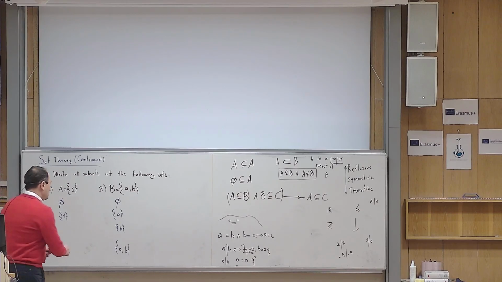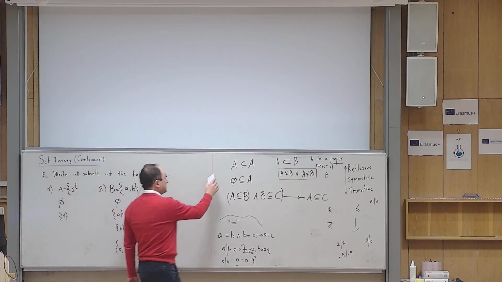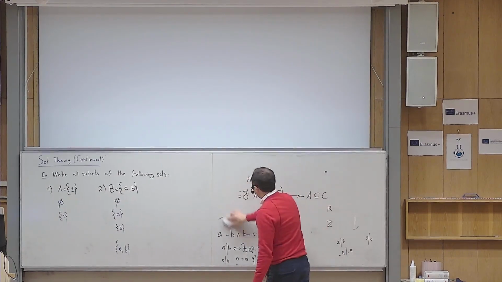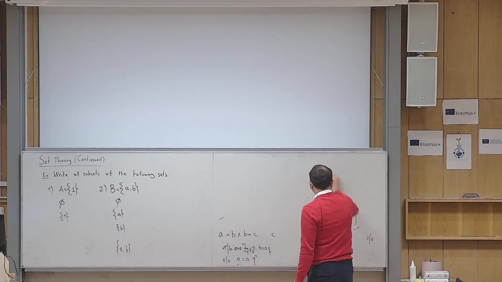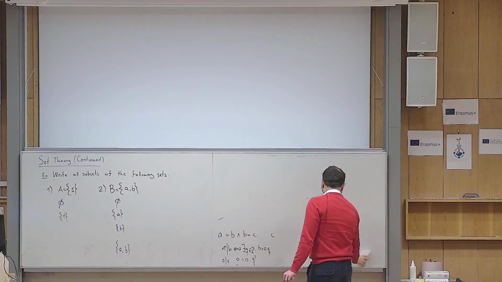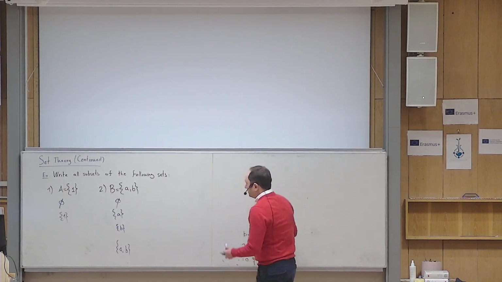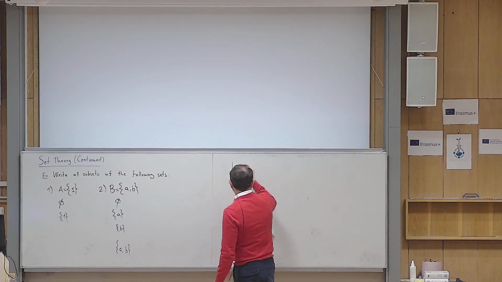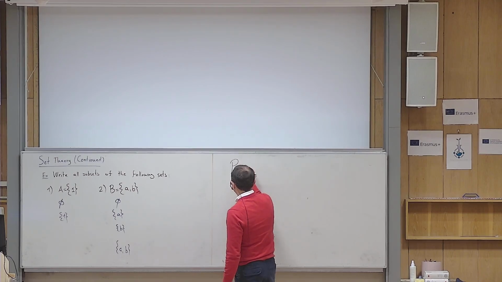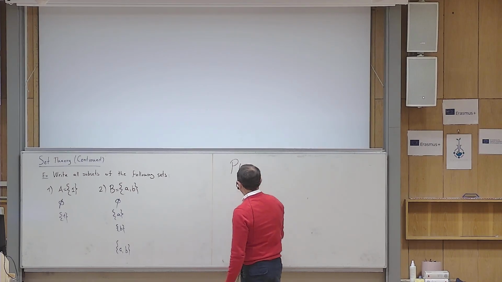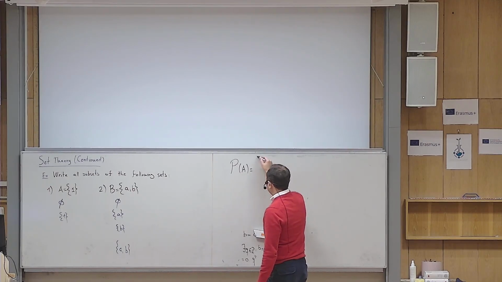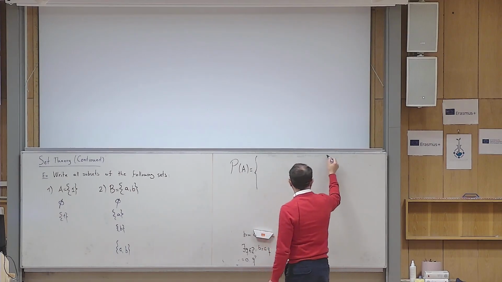Okay. Let me also talk about the power set. Power set is optional. If you don't need it, you don't like it, you don't learn. The power set is a very important notion. Okay. But power set is this. So if I have a calligraphic P, and then you put A here. What does this mean? The power set of a set is itself a set.